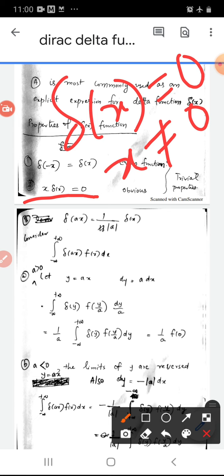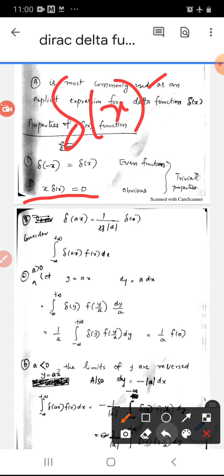So if you multiply x with delta x, it will be 0 everywhere x not equal to 0. At x equal to 0, since we are taking x delta x, this will be equal to 0. So these two properties are very straightforward.